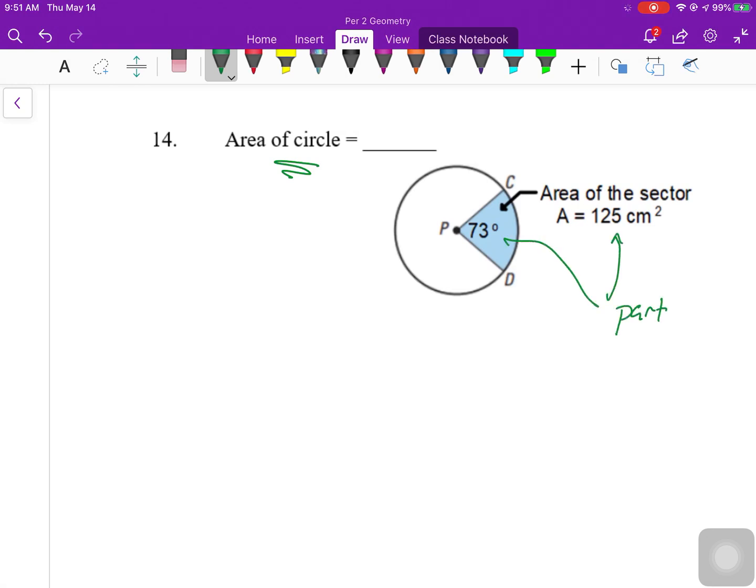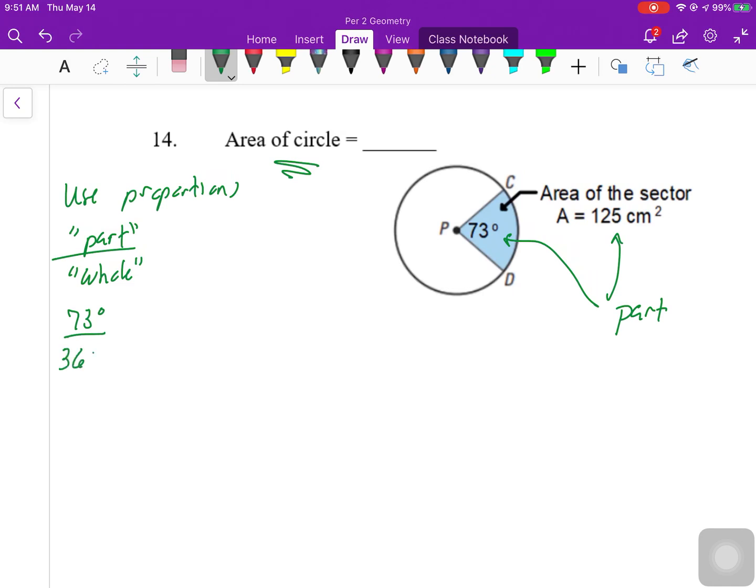In this problem, once again, they've asked us for information about the whole circle, and they've given us information about the part of the circle. So once again, we're going to use a proportion. And once again, we're going to compare the part to the whole circle.